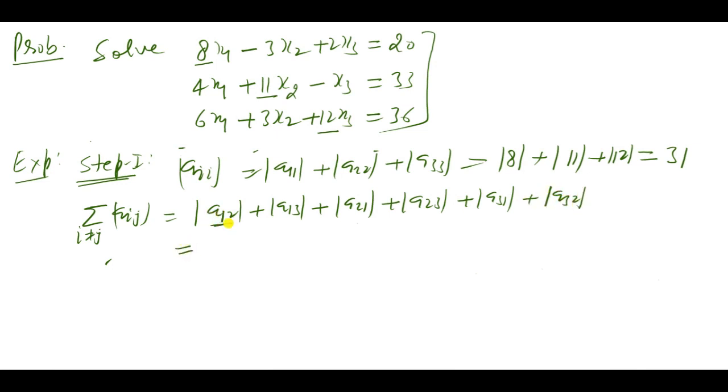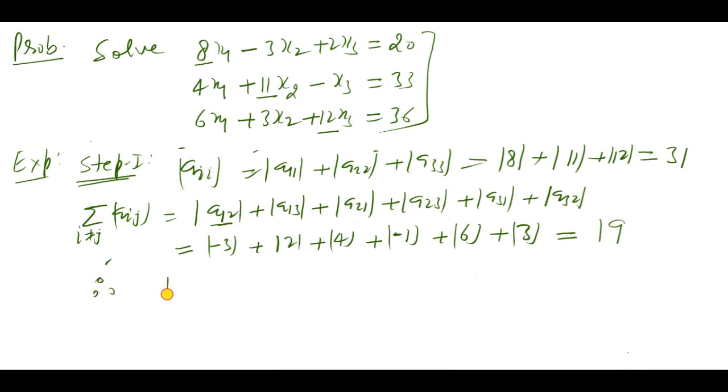Here A12 is -3, A13 is 2, A21 is 4, A23 is -1, A31 is 6, A32 is 3, and after adding we obtain 19.